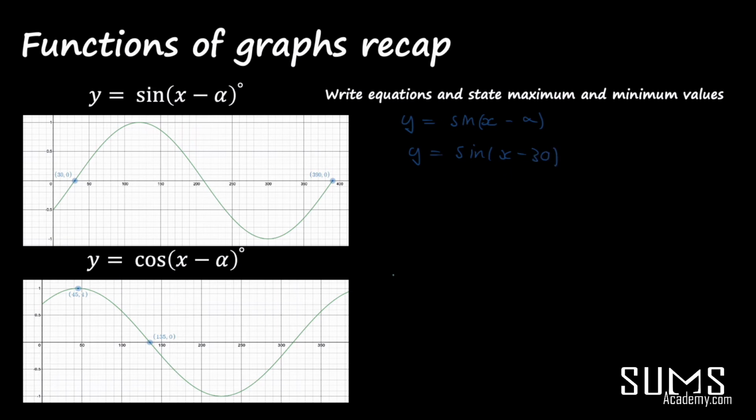And then for this one here, we're looking at cos. They're saying this one's a cos graph, and usually it would start at 0, 1, but it's now starting at 45 and 1. So this just becomes y equals cos x minus 45.